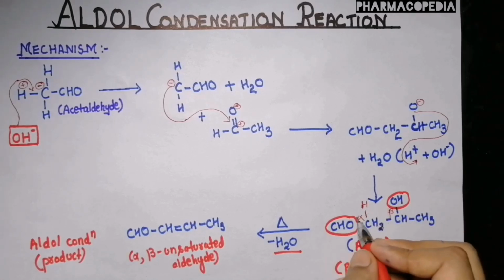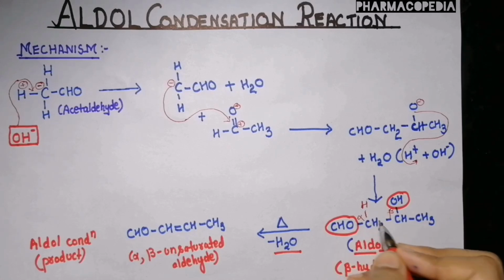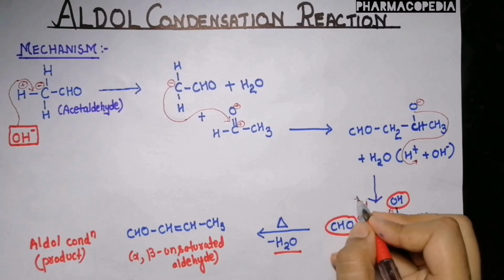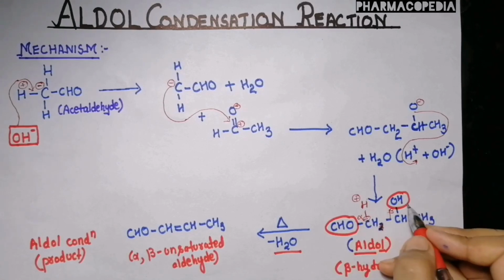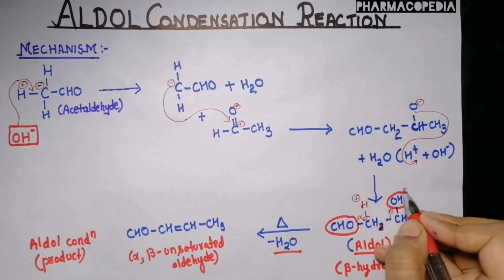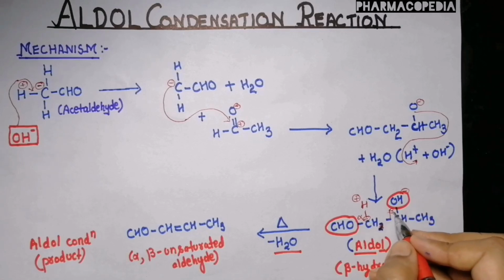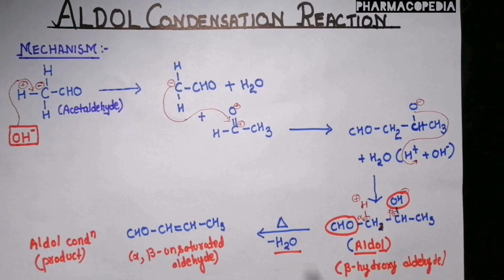So when this bond breaks, there will be an H plus on the hydrogen atom and a minus charge on the carbon atom, and when this bond breaks, there will be a negative charge on the OH minus and a positive charge on the carbon atom. As a result, this plus and minus together form water, and this plus and minus form the double bond. So water is released: the H from the alpha carbon and the OH from the beta carbon.